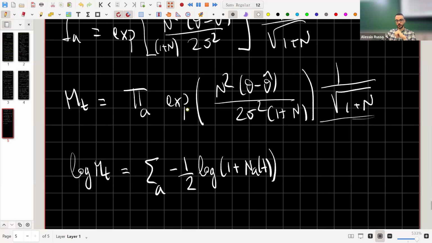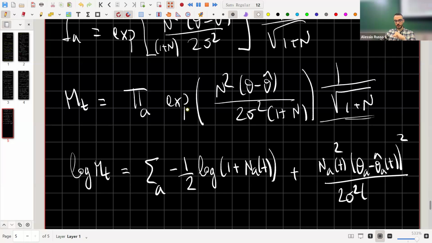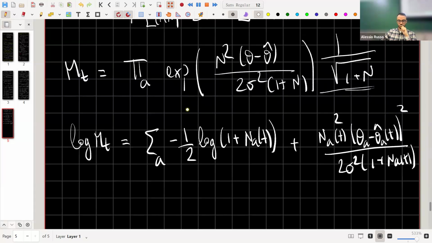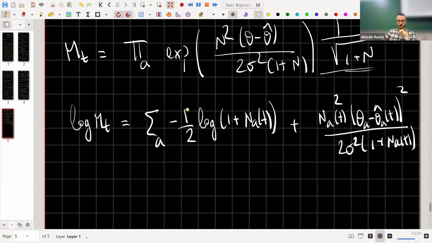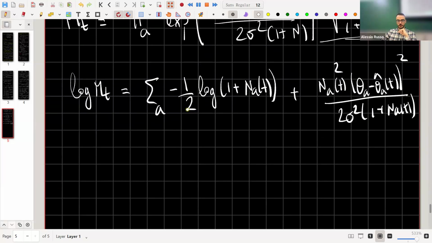So this corresponds to this term, plus n at squared times theta a minus theta hat at squared divided by 2 sigma squared 1 plus n at. So we are gonna find an upper bound on this term because we have the minus. So with the minus term, it will become then a lower bound.